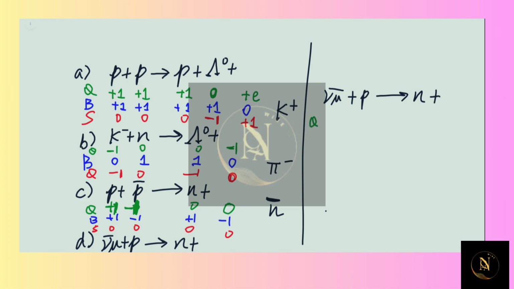And the charge, this is plus E, 0, 0, so it has to be plus E. The baryon number, 0, 1, 1, the baryon number has to be 0. Finally, the strangeness is 0 for all. So we have positive charge, but 0 strangeness and 0 baryon number. Again, we look up the table, and this particle is charged muon.